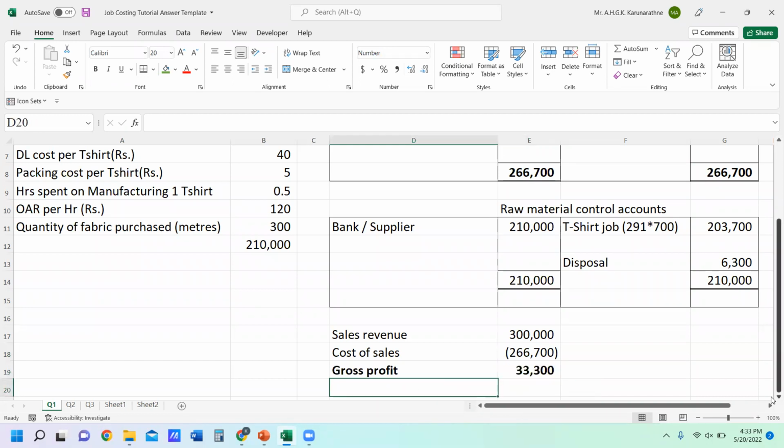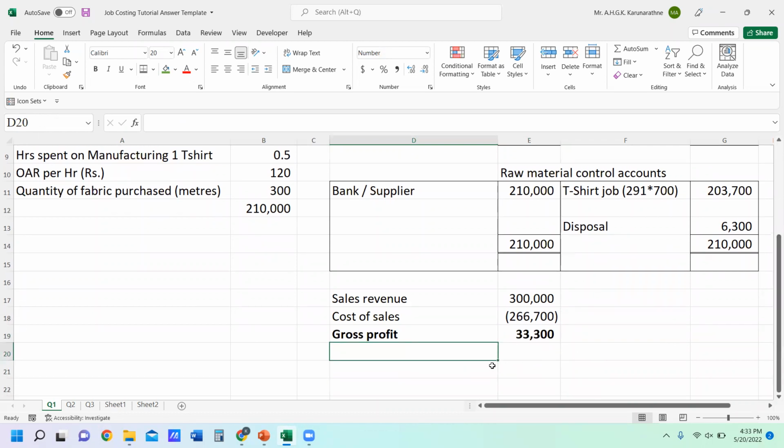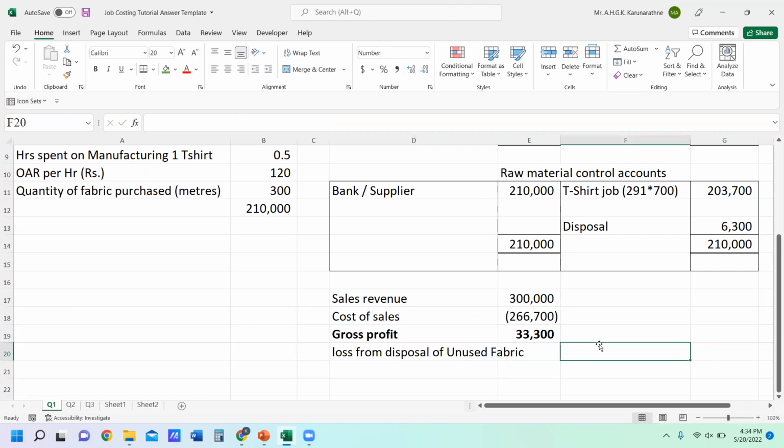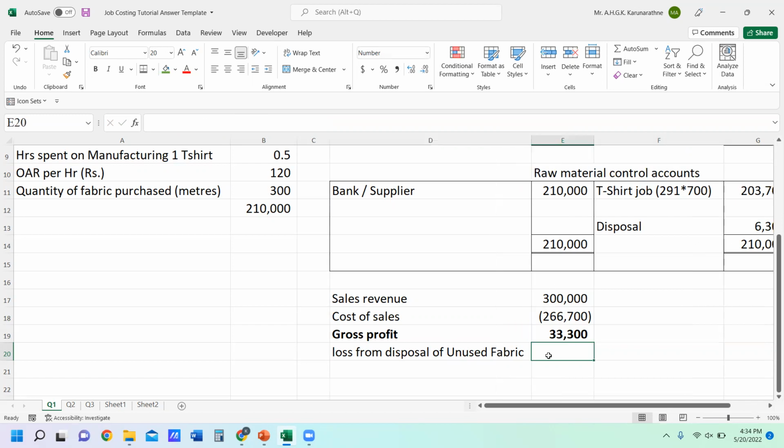From this gross profit, that loss to be covered: loss from disposal of unused fabric, minus 900.